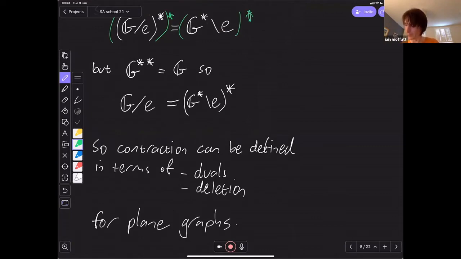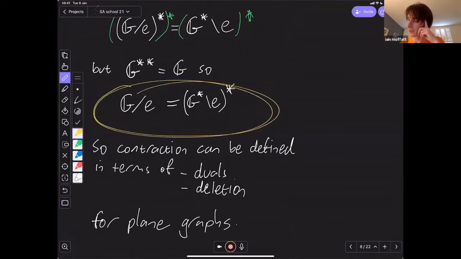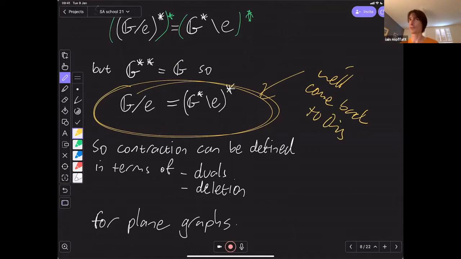So if you're working with plane graphs, you don't really need to define contraction. You can just always work with duality and deletion. And this identity here, we're going to come back to. Okay. So maybe you don't need to remember it, but you should remember that there's some relation there.